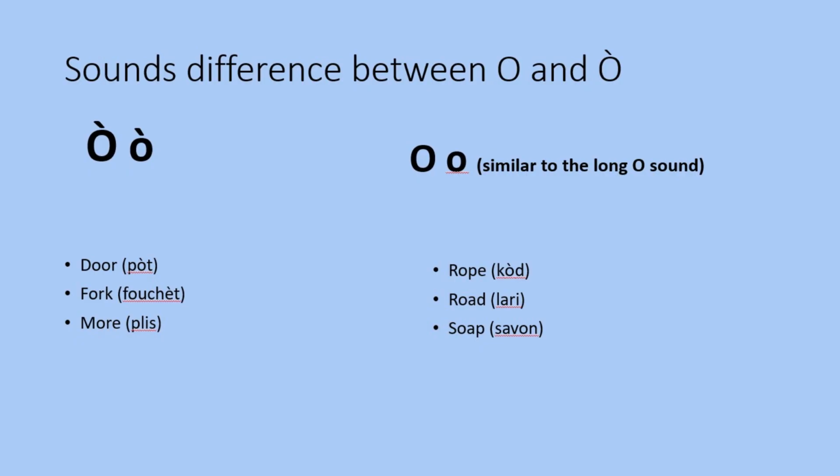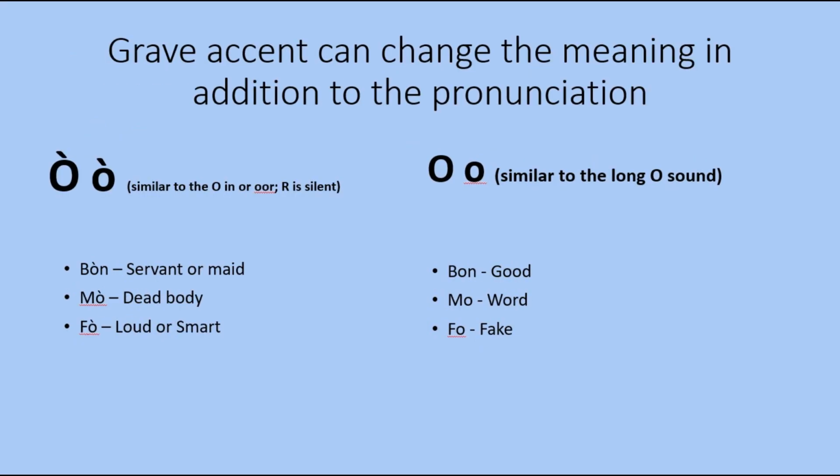So it's really important that you pay attention to these accents because the pronunciation is completely different and the meaning of the words can change as well. So this is a situation where the accent changes the meaning of the words. So here we have 6 words.